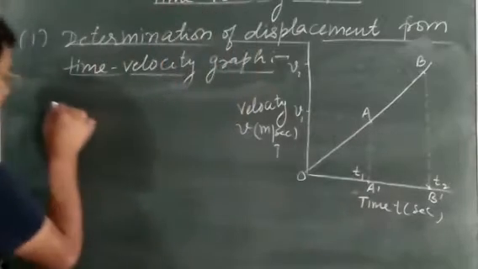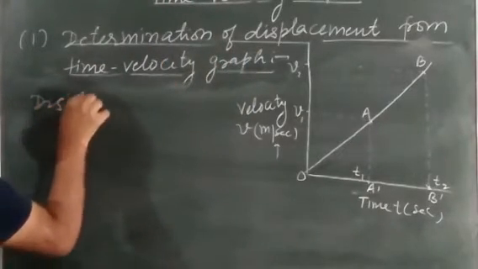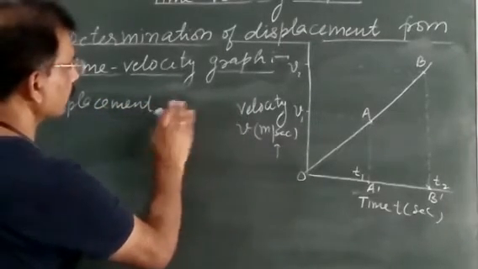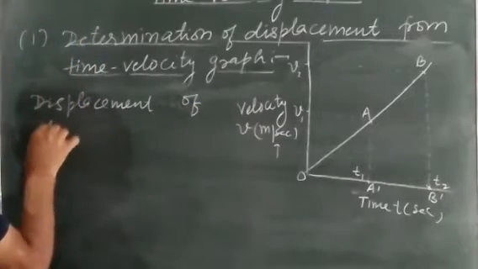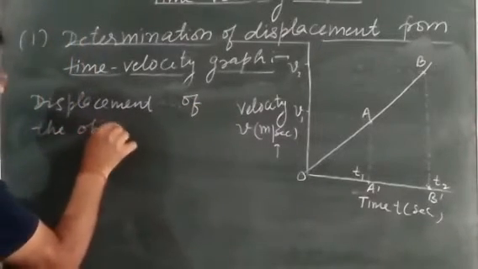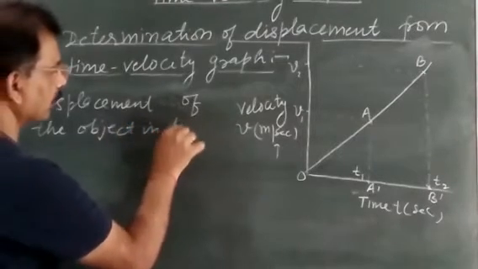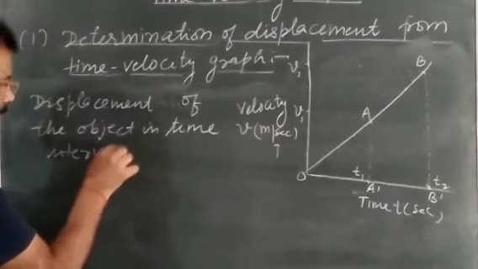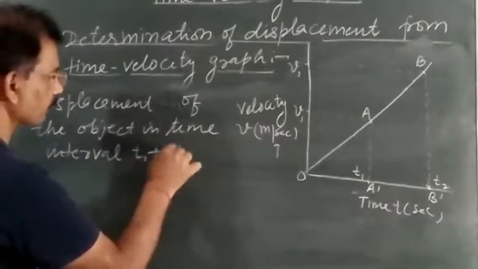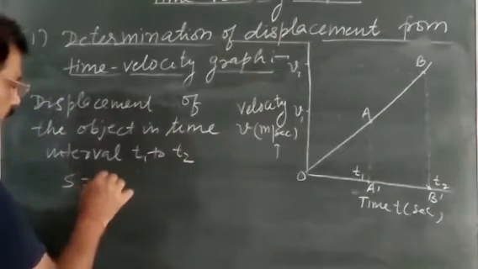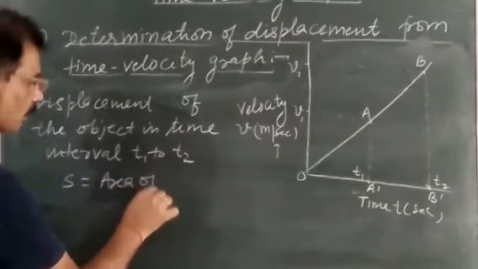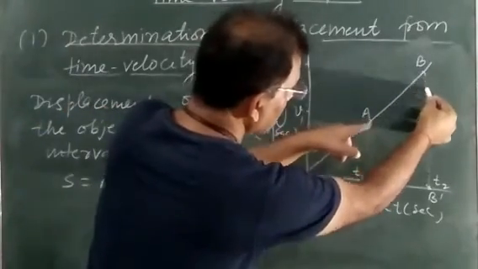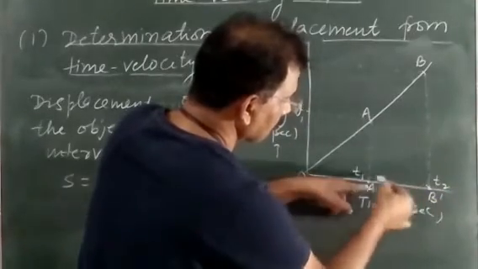So you can say here the displacement of the object in time interval t1 to t2, suppose S is equal to, how can we find the area of, whose area will we find? The area of this velocity time graph under that time interval or that time axis.